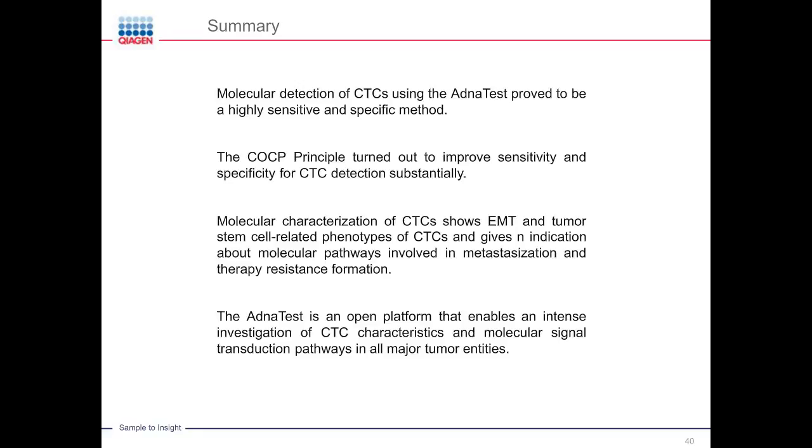And the most important final information I could give you today on this call: the AdnaTest is an open platform that enables you, the researchers, to have your own ideas. What would you like to analyze? What kind of tumor type would you like to analyze? In what direction?